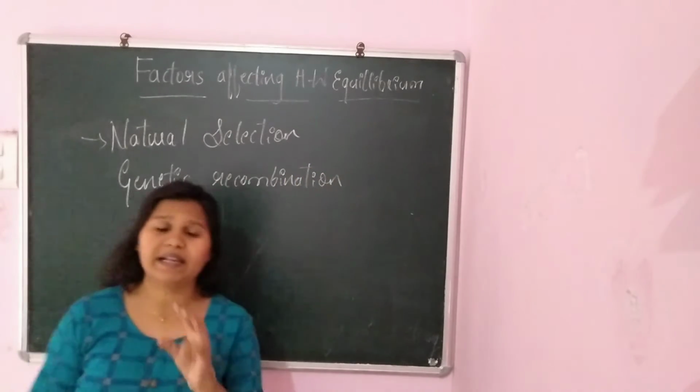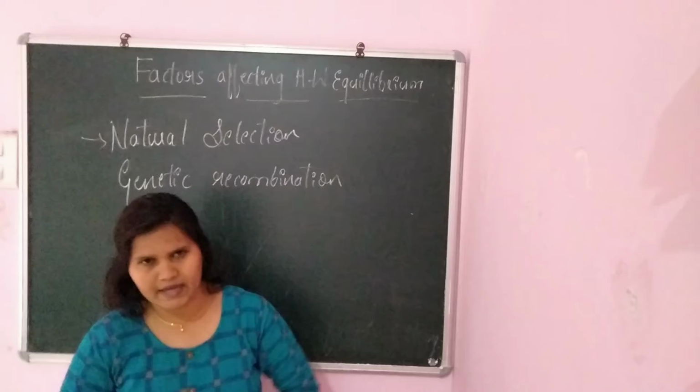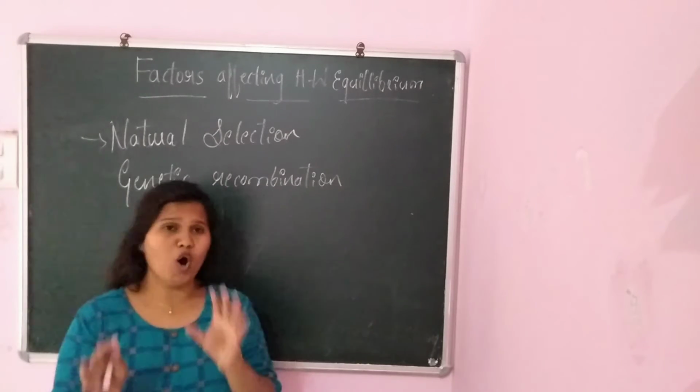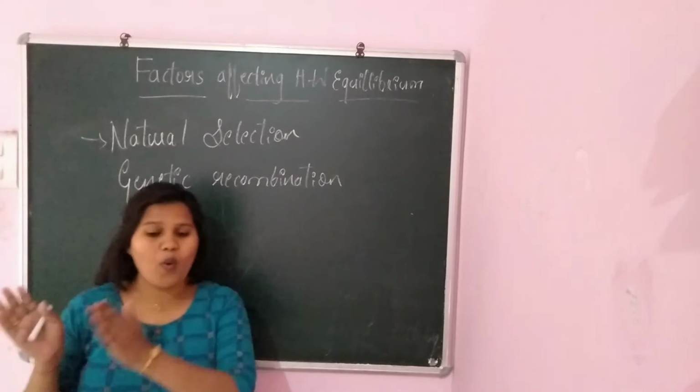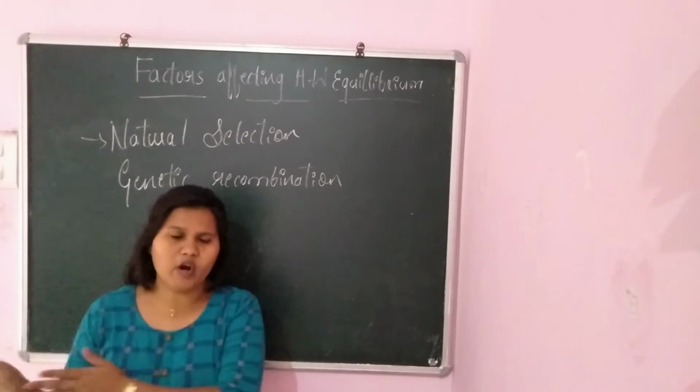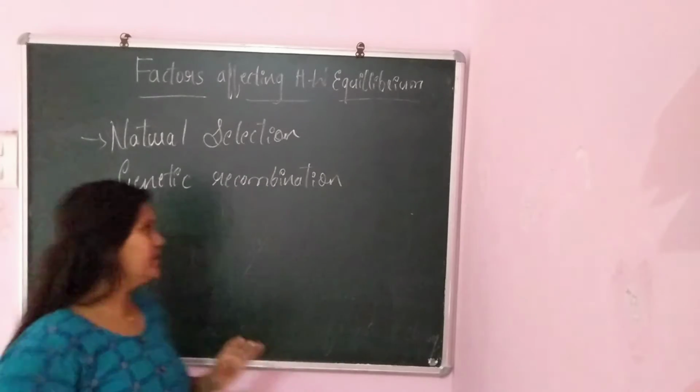We are clear that each and every organism, for example me and you, has homologous chromosomes, right? 23 from the male, that is the father, and 23 from the mother.